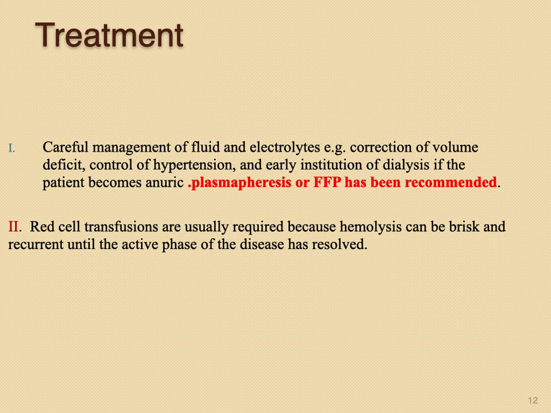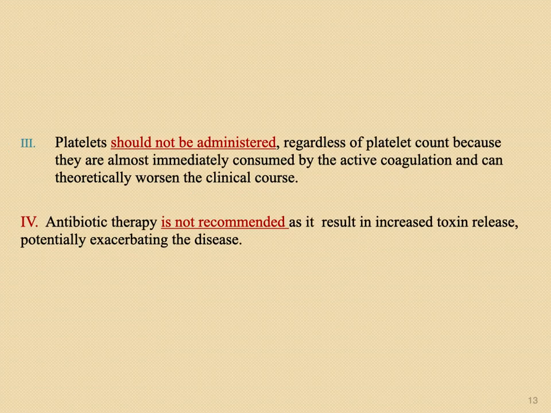RBC transfusions are usually required as hemolysis can be brisk and recurrent until the active phase of the disease has resolved. Although patients with hemolytic uremic syndrome have thrombocytopenia, platelets should not be administered regardless of the platelet count, because they are almost immediately consumed by the active coagulation, and theoretically it can worsen the clinical course of the disease.